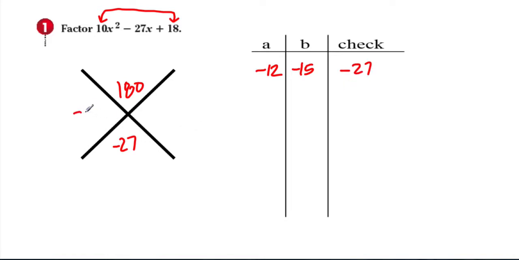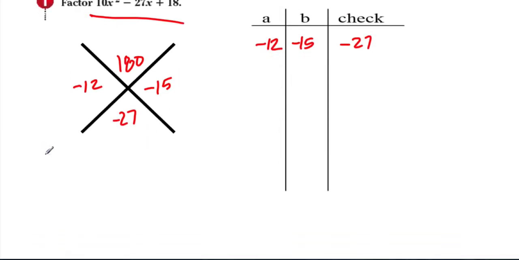So this is negative 12 and negative 15. And we rewrite the negative 27x as negative 12x minus 15x. So we have now 10x squared minus 12x minus 15x plus 18.